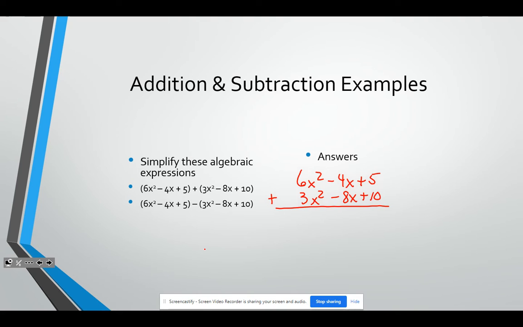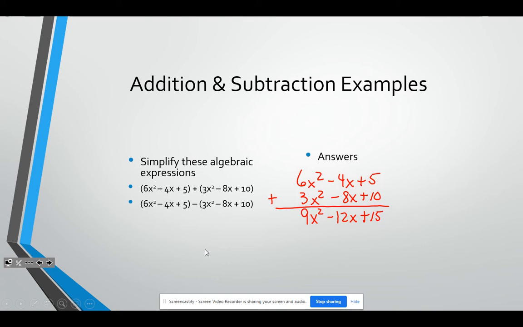I'll start all the way at the right, and positive 5 plus positive 10 gives me a positive 15. Negative 4 plus negative 8 gives me a negative 12, and the x stays the same. We don't touch variables or their exponents. And 6 plus 3 is 9, so we have 9x squared minus 12x plus 15.